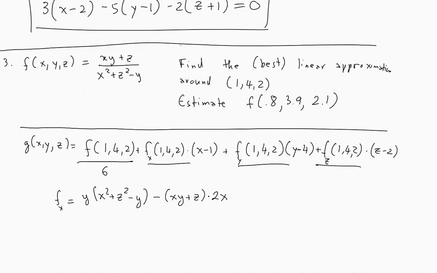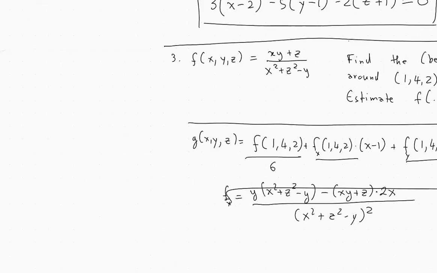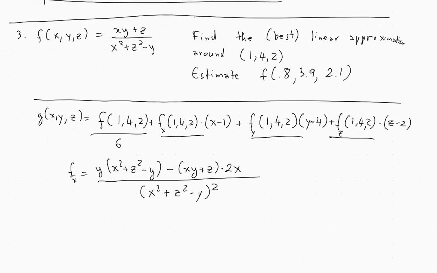We just need to focus on the denominator. Get this nasty thing first of all. So let's get rid of it. And then we want f sub x at (1, 4, 2).